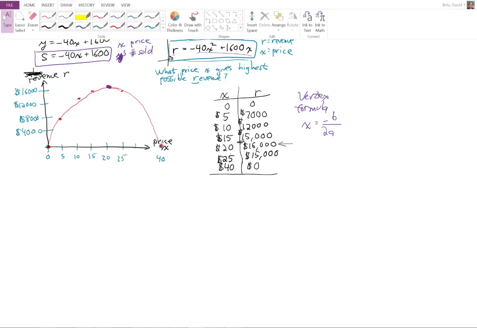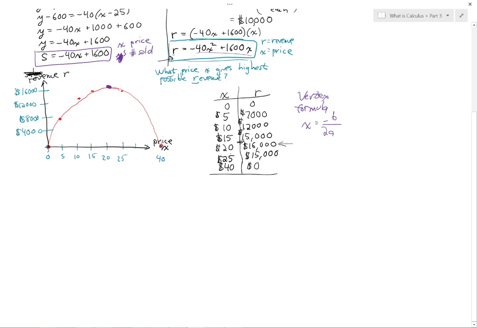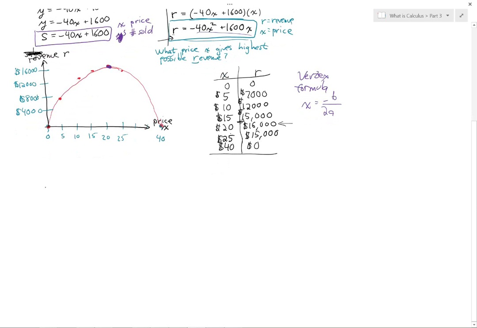So let's redraw the graph from arbitrary values here. So here's x, here's r. I'm going to put some arbitrary number. This is a.